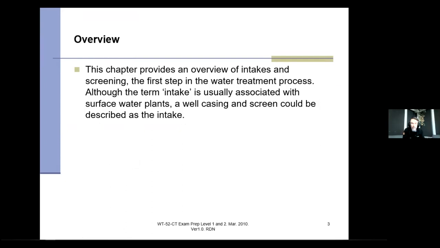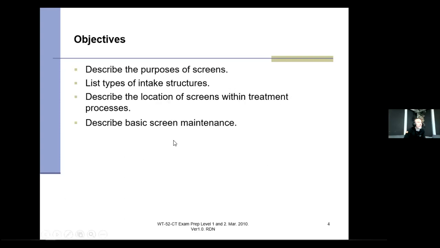With a well casing, when we put our wells into the ground, there's usually a screen on that, and that's not going to keep out twigs and fish like the surface water screen, but what it's going to do is keep out the sand. There are little mesh screens that are put into the well pump. So this is not just a surface water thing, but both surface water and groundwater.